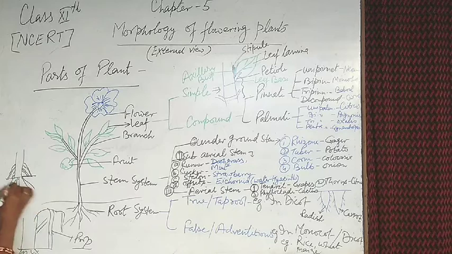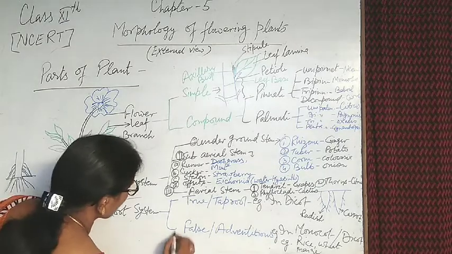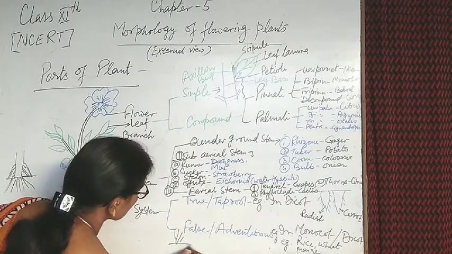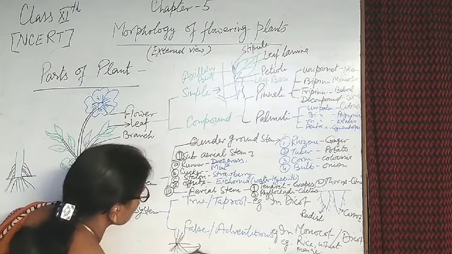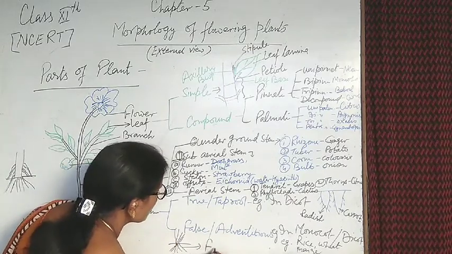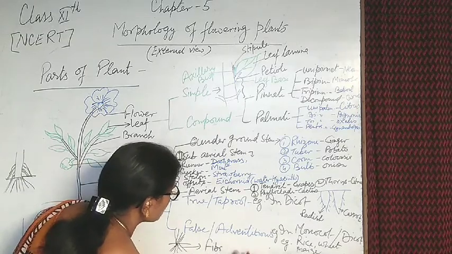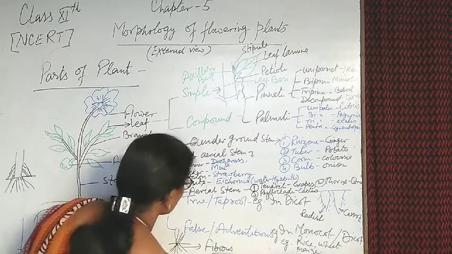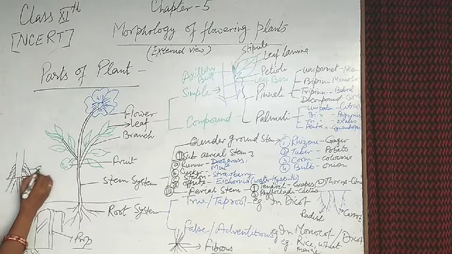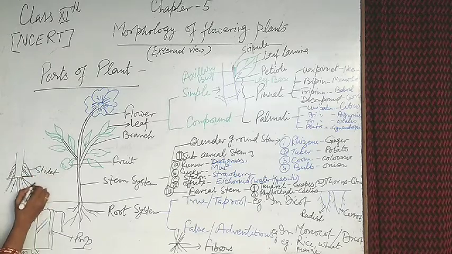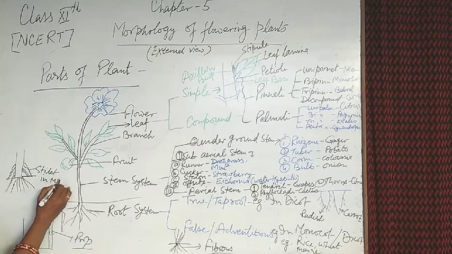Below, the fibrous root-like structure in wheat, fibrous root, means adventitious root including fibrous. And stilt roots in maize.